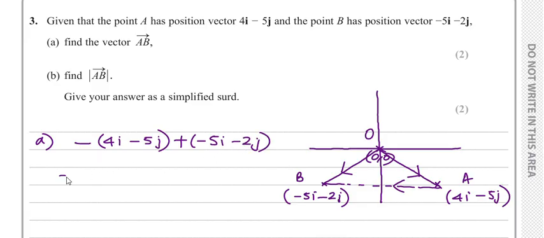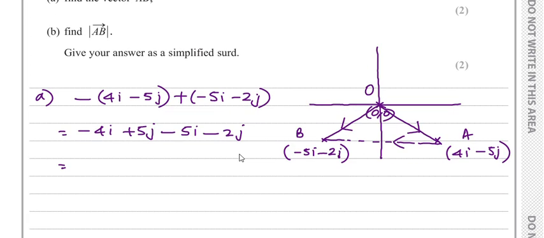If you simplify this, we get minus 4i plus 5j minus 5i minus 2j. Simplifying, collect all the i's together and the j's together. Minus 4 and minus 5 will make it minus 9i, plus 5 minus 2 is plus 3j. That's it. Then find the modulus of vector AB.